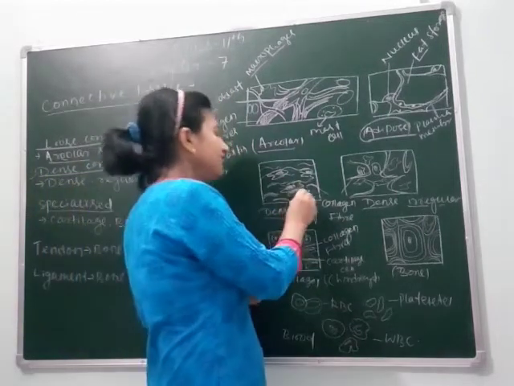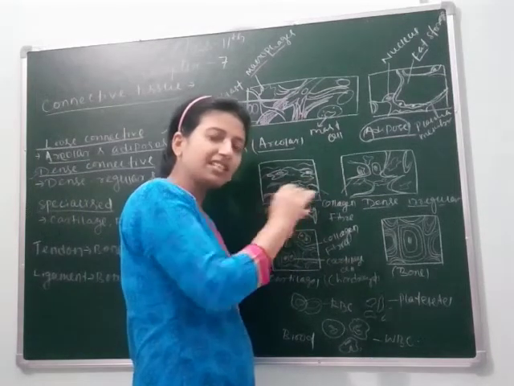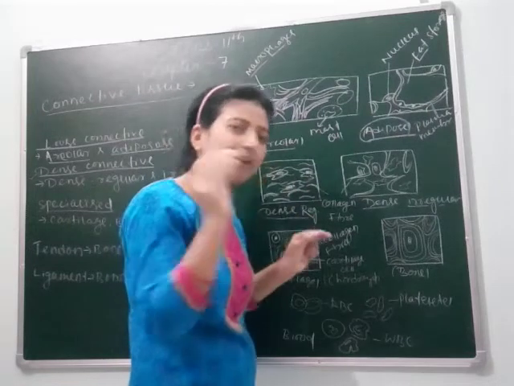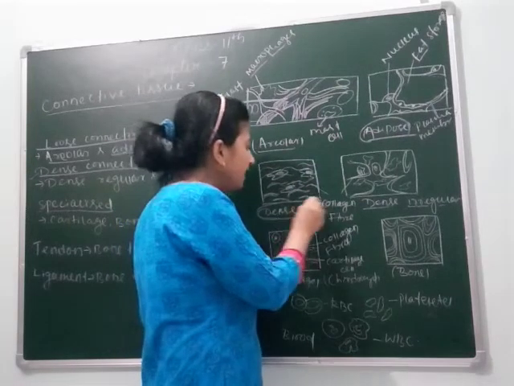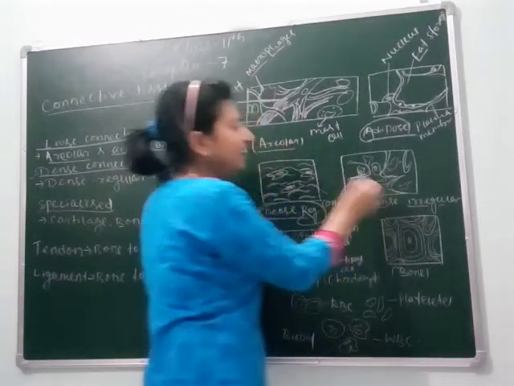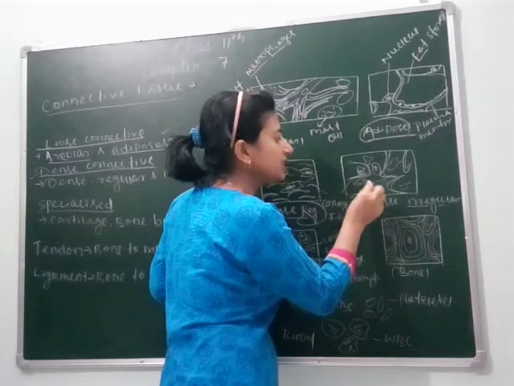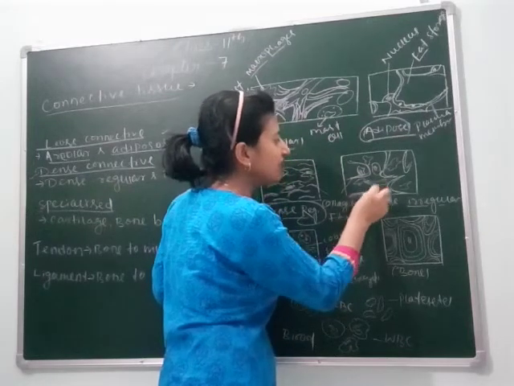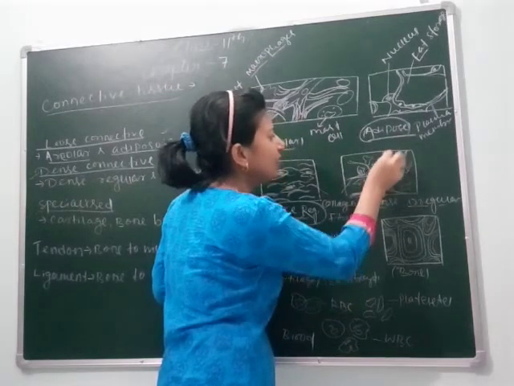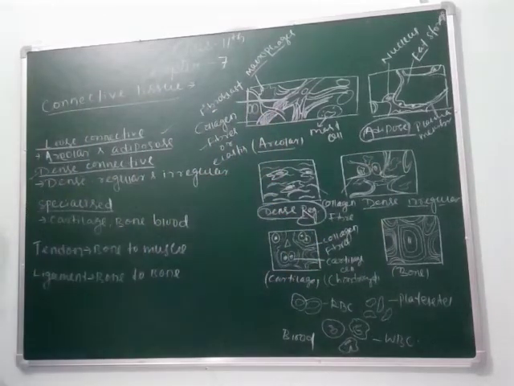You can see here the collagen fibers are arranged in a sequence, in a regular manner. That's why it is named dense regular. Whereas in dense irregular, the collagen fibers are arranged irregularly, one here, one there. They have no particular or specialized orientation. That's why we call them dense regular and dense irregular. Clear, students?